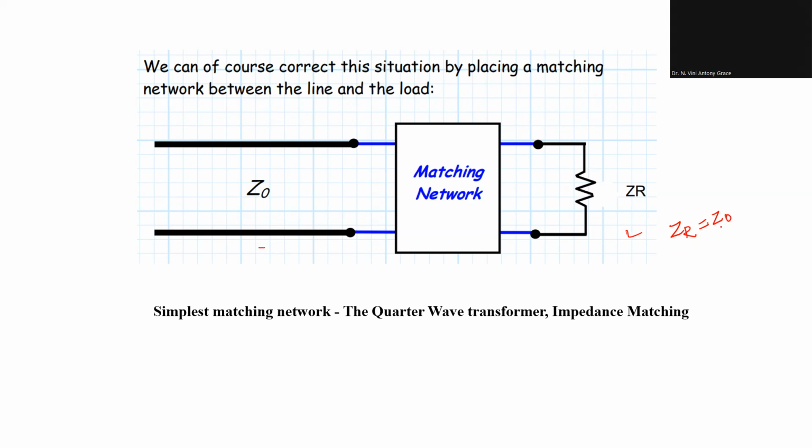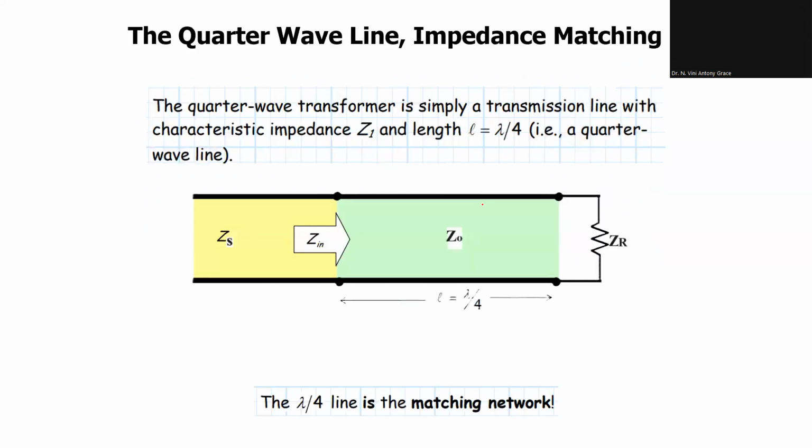And one simple matching network that can be used is called the quarter wave transformer. This is the simplest matching network. How it is constructed is you make use of a transmission line of length equal to lambda by 4. That is why it is named quarter wave.